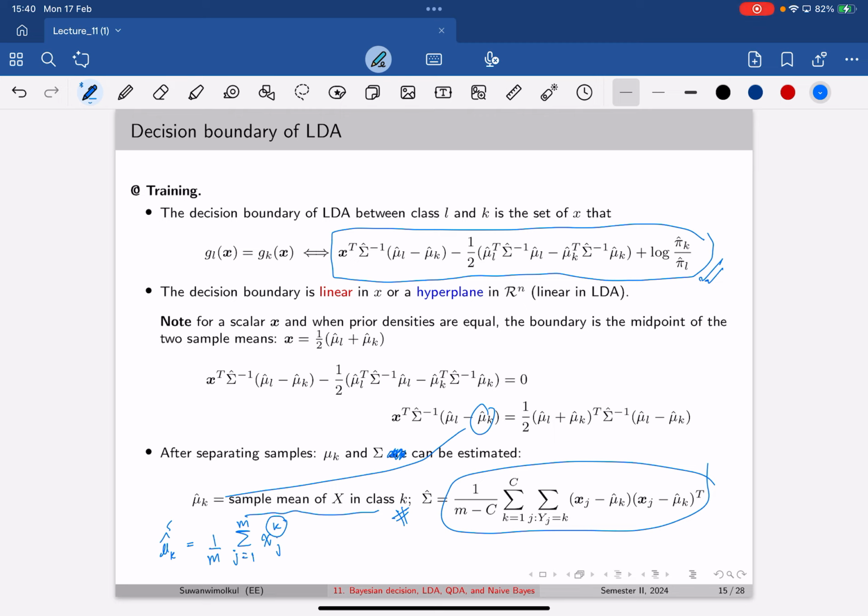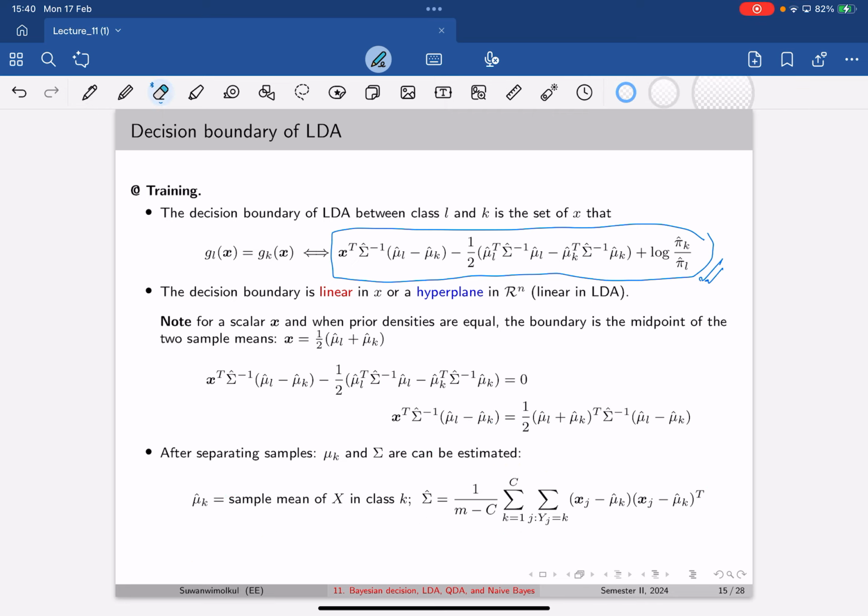So these will be approximation values for your mu and your covariance. So you can actually pre-compute all of them once you have your training samples.